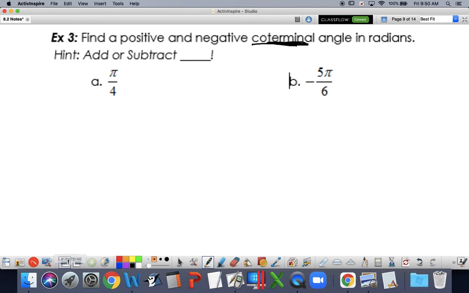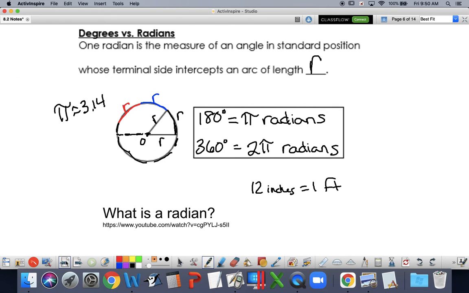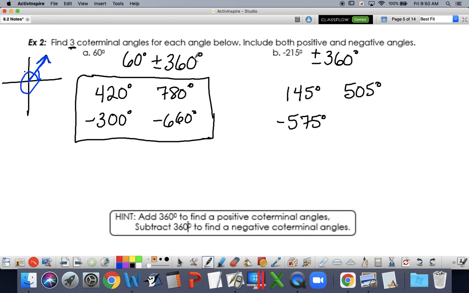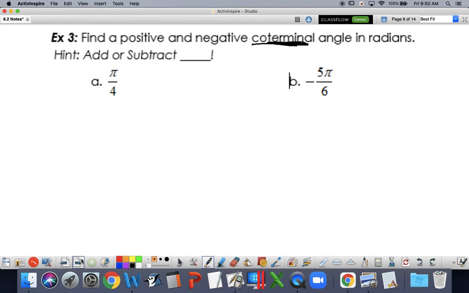Well, before, when we found coterminal angles back here, we added or subtracted 360 degrees. So in order to find coterminal angles, I'm going to add or subtract 2 pi, right? Because 2 pi is the same thing as 360 degrees.